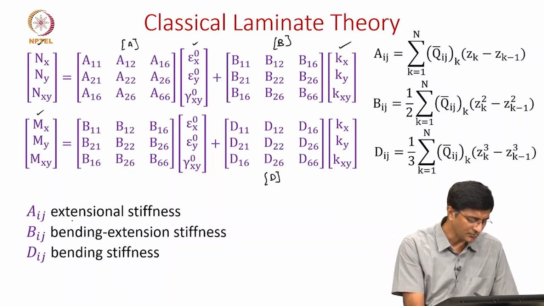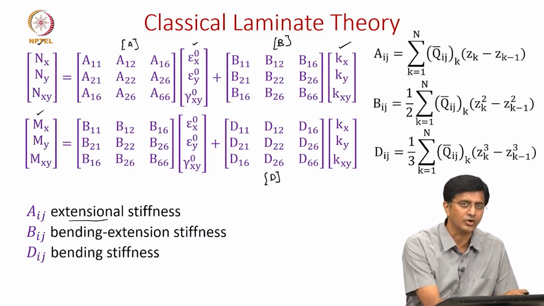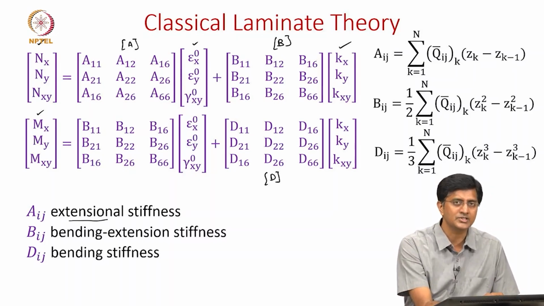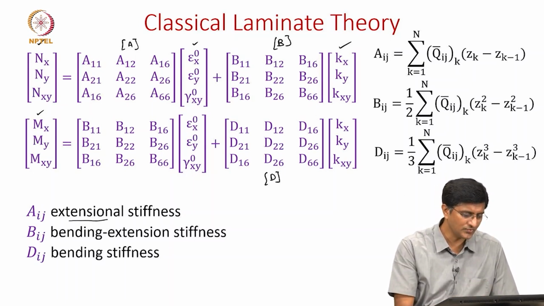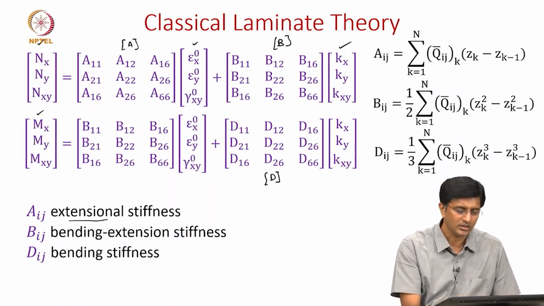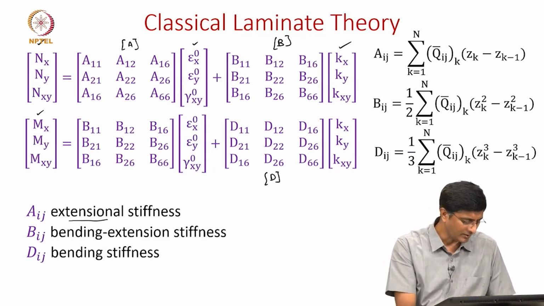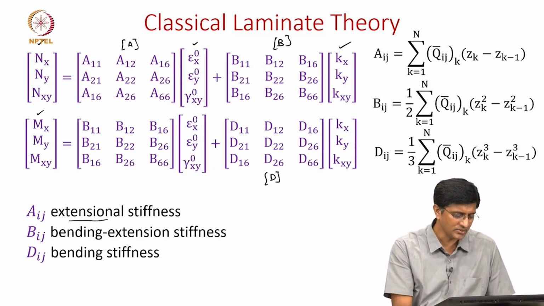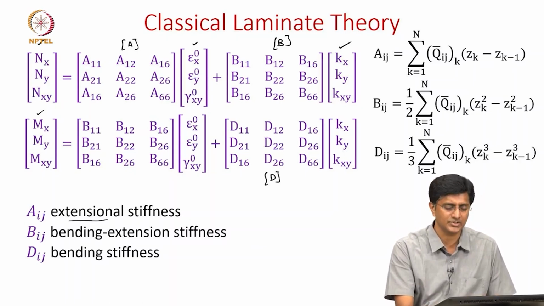For the A matrix, we call it the extension stiffness because it is connecting your normal forces with the extensions in the mid surface. And B is the bending extension stiffness, where it connects the normal forces with the curvatures, or in the second equation, it connects the moments with the extensions in the mid surface. And regarding the D matrix, we call it the bending stiffness. As we can see here, it connects your bending moments with the bending curvatures.